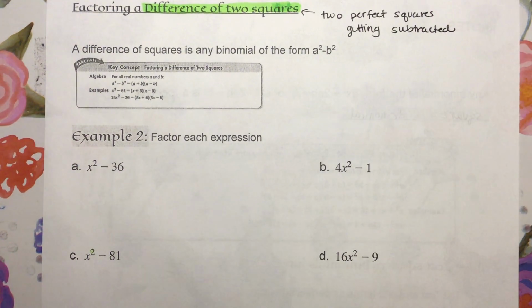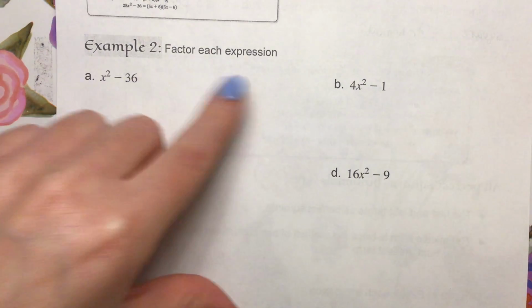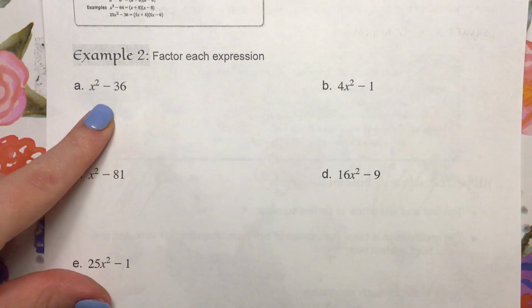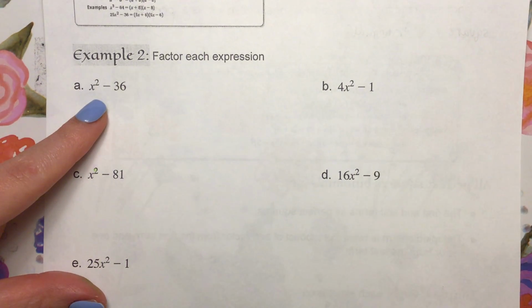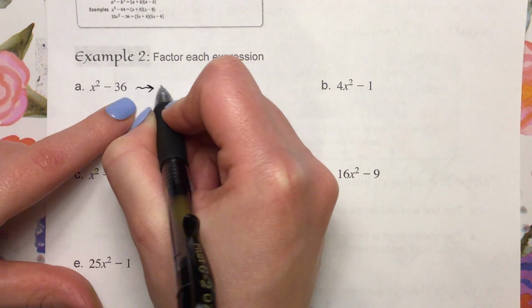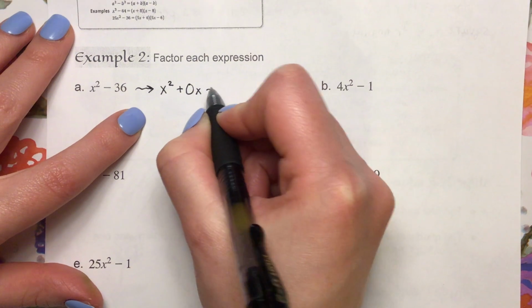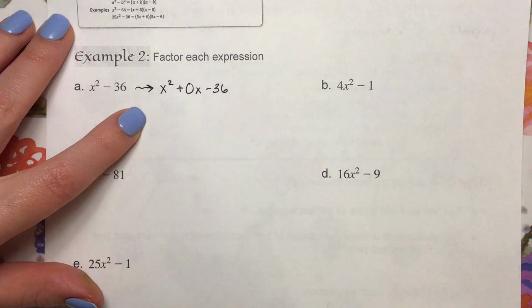We are not used to seeing things with just two individual terms, but we could rewrite this, say example A. It says factor each expression. Let's look at example A. We could rewrite this so that it does have three terms. This could be written as x squared plus 0x minus 36.